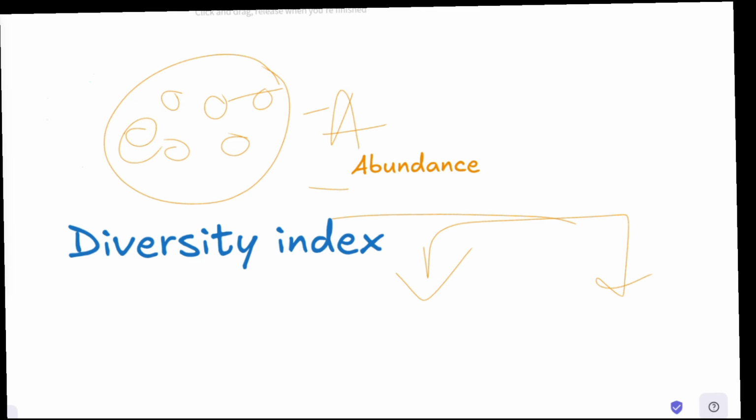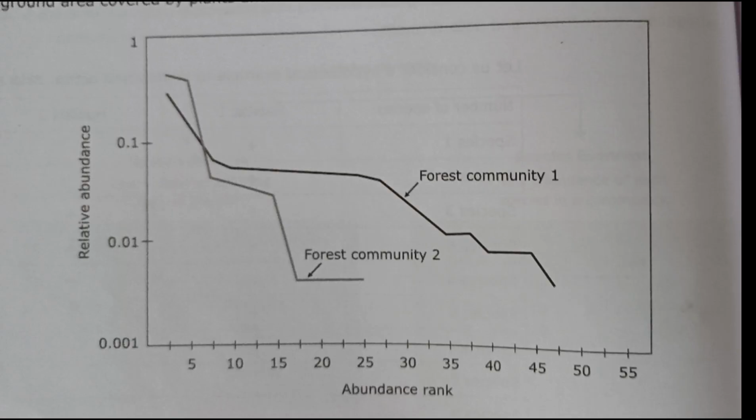So diversity indices are mathematical measures of the number of species, that is species richness, in a particular area, and the relative abundance of individuals among those species, that is the species evenness. And there is a rank abundance plot, a graphical representation of the number of individuals per species against the rank of the species in a community.